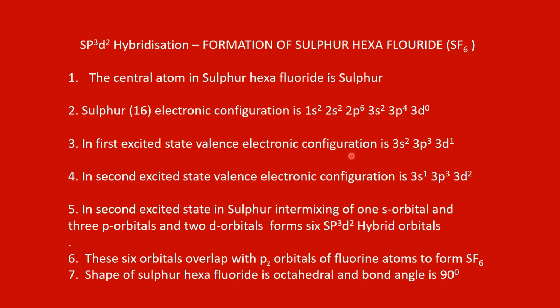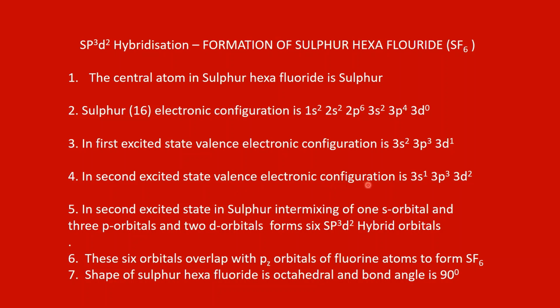In first excited state, valence electronic configuration is 3s2, 3p3 and 3d1. That means one electron from 3p orbital moves into 3d orbitals. So 3s2, 3p3, 3d1 is the valence electronic configuration in first excited state.